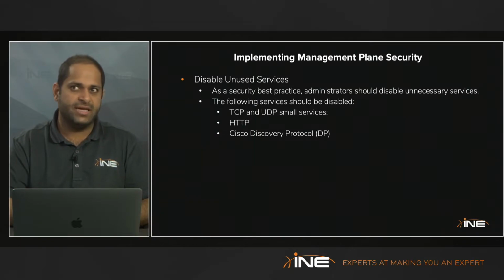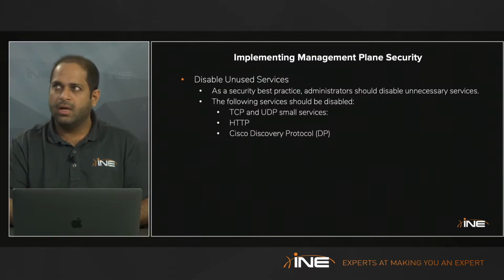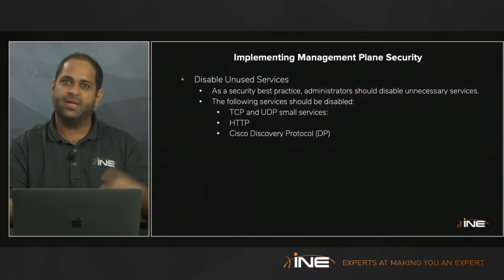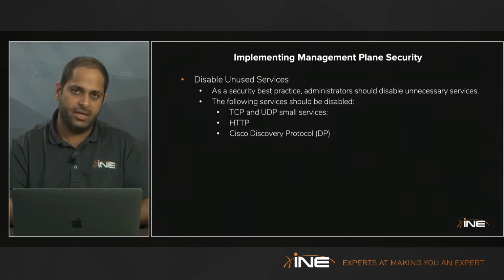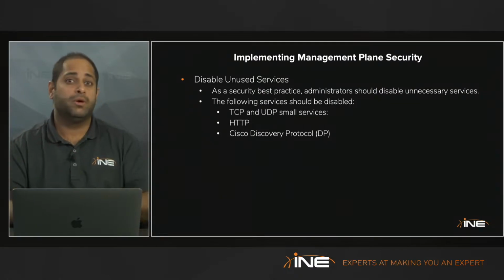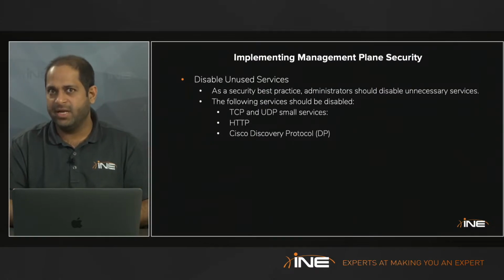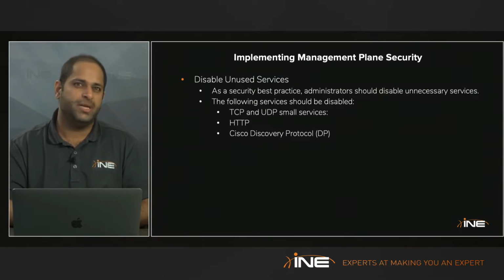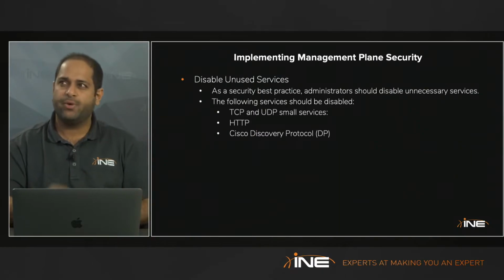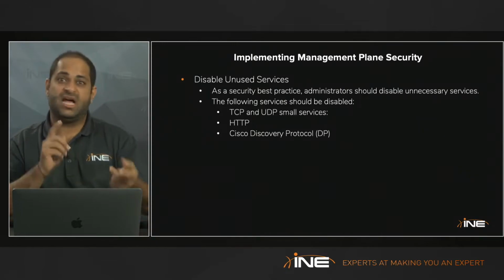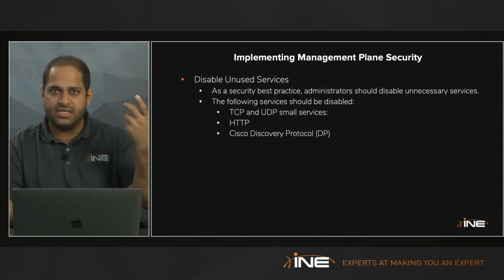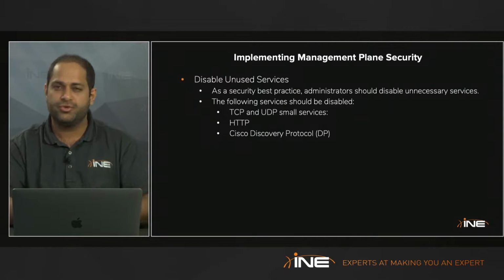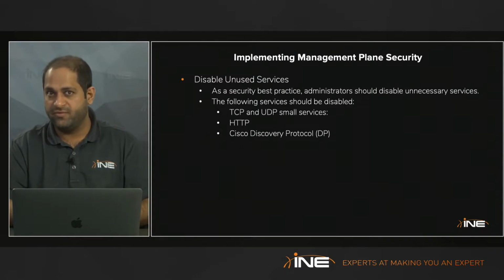Most Cisco devices have CDP enabled by default, unless it's a firewall. For example, an ASA firewall does not have CDP, but a Cisco switch or a router has CDP enabled by default. So you don't want CDP enabled because from there, I would at least get information about his IP address, maybe what device he's running, which port he's connected to. I can get all of that information from CDP.